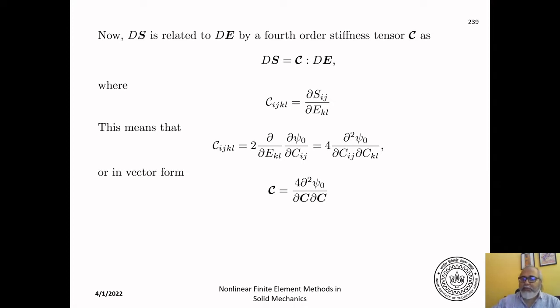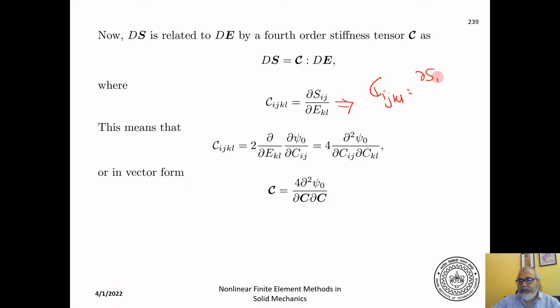Now, it is possible that psi is a function of C, in which case we will have to take the second derivatives with respect to Cij and Ckl, and we can easily show that this will then translate to Cijkl.